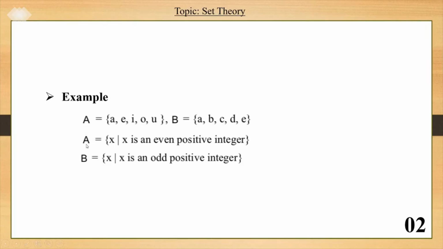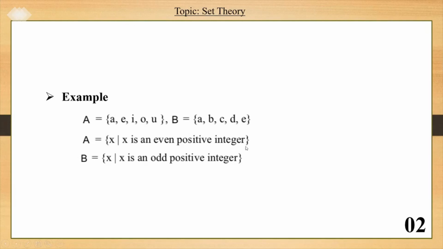Another way is the representation of a set in set builder form. In set builder form, we are defining a set in a detailed way. We read this set A as: A is equal to the set of all x such that x is an even positive integer.